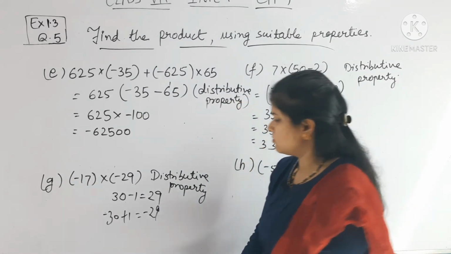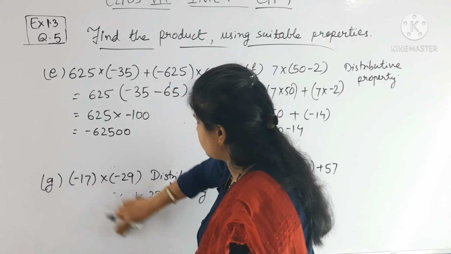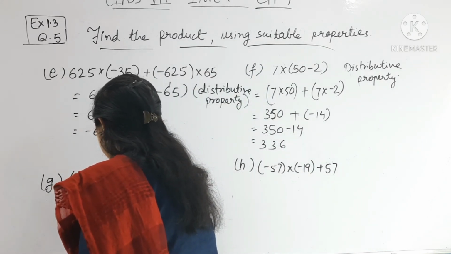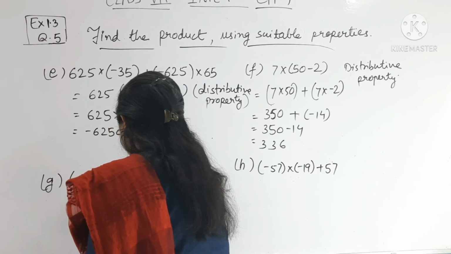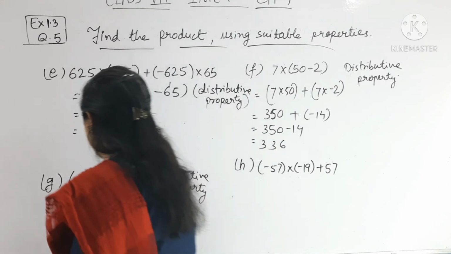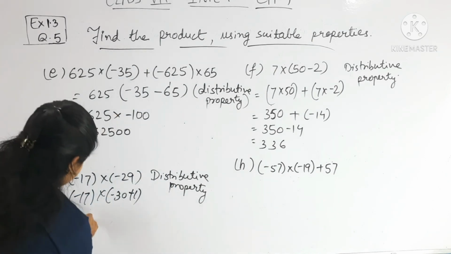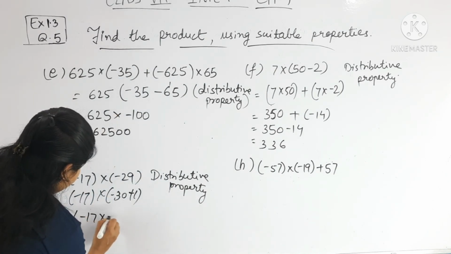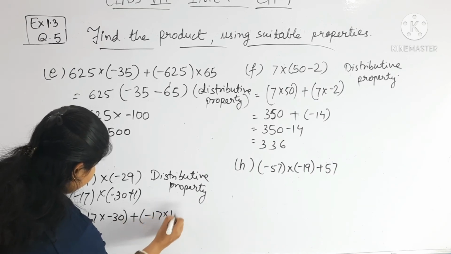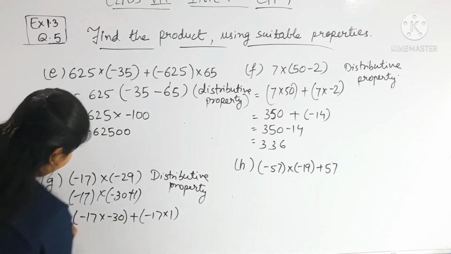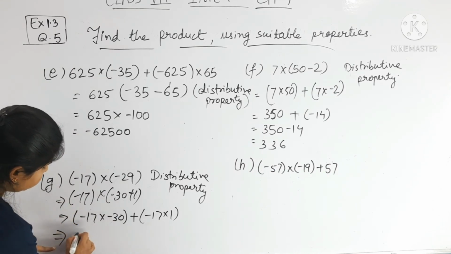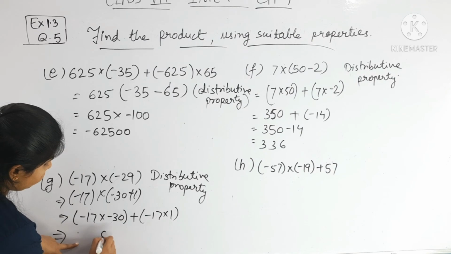So here I am writing minus 17 into minus 30 plus 1, right? So I can write here minus 17 into minus 30 plus minus 17 into 1. What will be the answer? Minus minus is plus here and 0 I can put as it is.